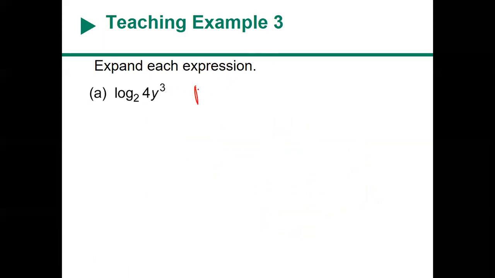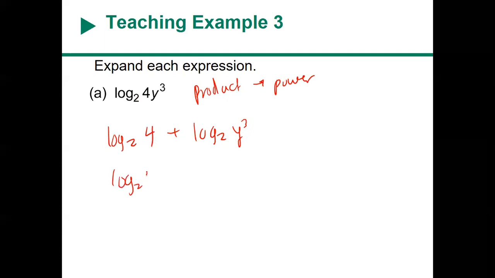So I know I'm going to be using product, and then I'm going to be using power. So product leads me to addition, log base 2, 4, plus log base 2, y to the third. Power means that I'm going to take my power and it becomes my coefficient.